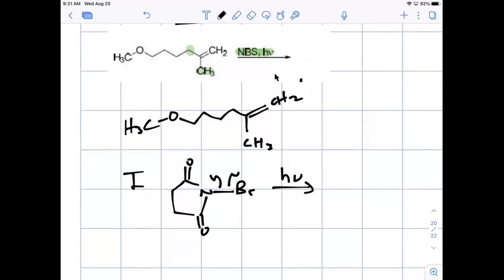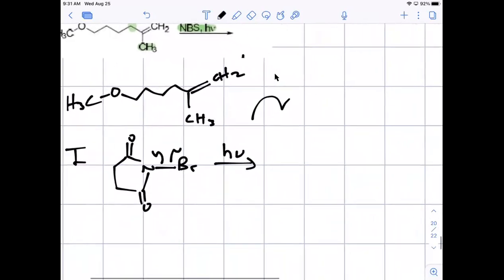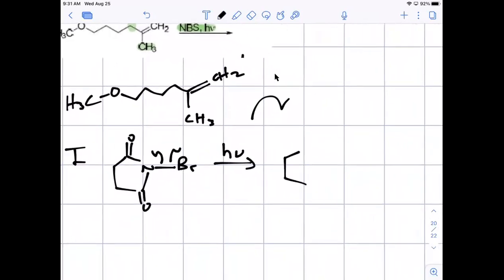And again, if you notice, all my arrows are fish hooks because it's radical. So that single-headed arrow means that I'm only moving one electron. All right, so I'm going from here to here. Right, so this bromine is going to be my initiator.